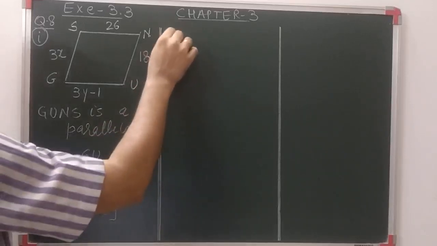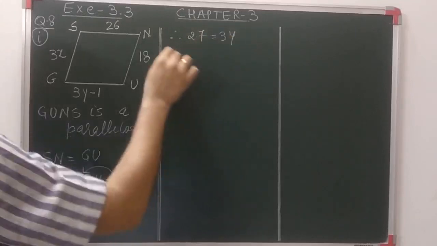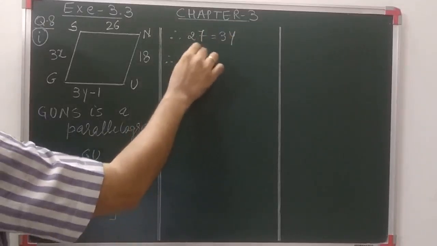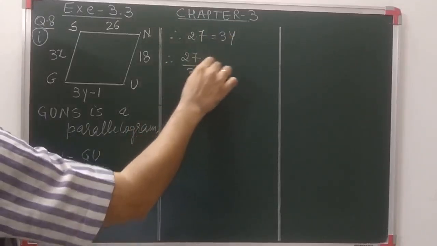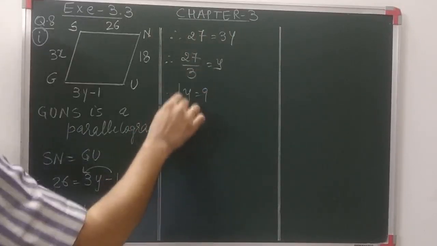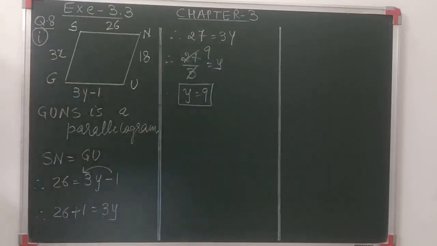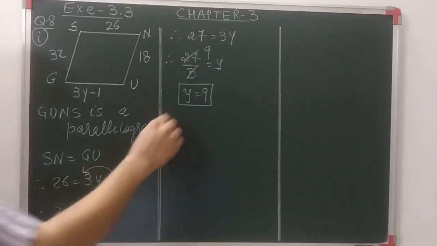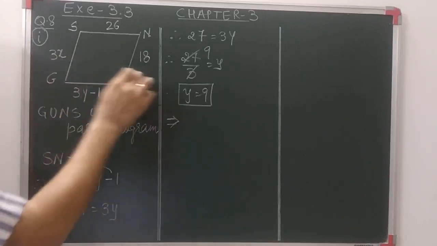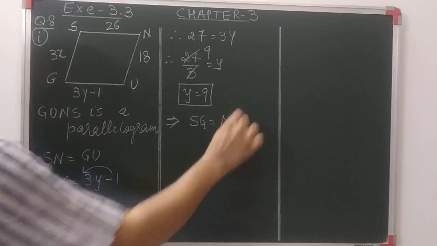So 27 is equal to 3y. I'll take 3 to the left hand side, it comes in the denominator. So 27 upon 3 is y. So the value of y we obtain is 9. This is quite easy, 9 threes are 27. In the same way we can say that the other pair of opposite sides, that is SG is equal to NU.